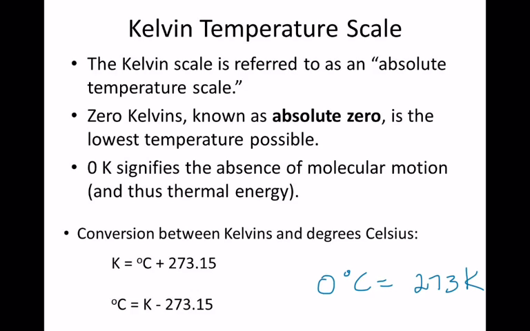If you want to go back and forth between these two, it's not too bad. Basically, if you have the Celsius scale and you want Kelvin, you add 273. If you have the Kelvin value and you want Celsius, you subtract 273. I know it says 273.15 here.